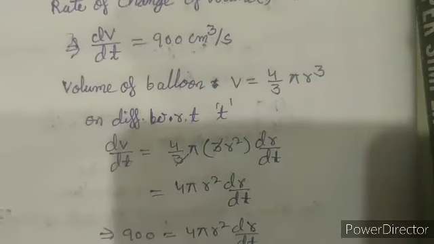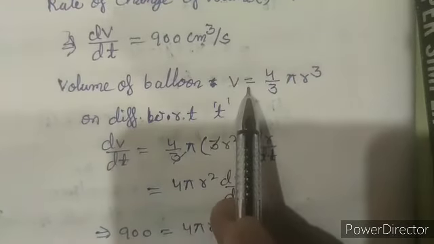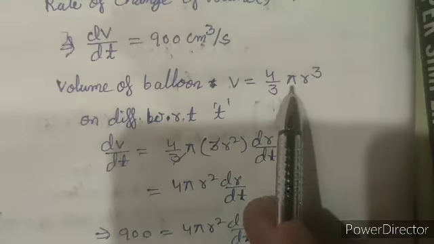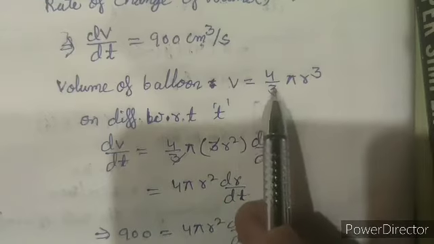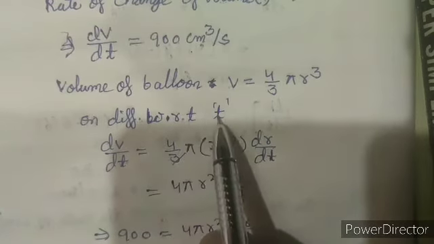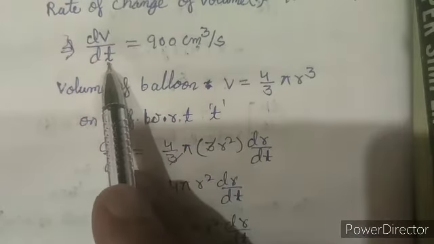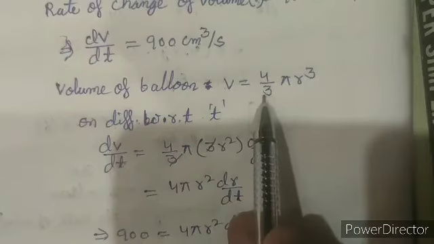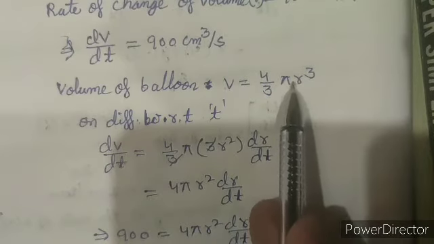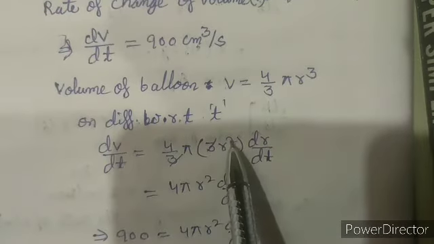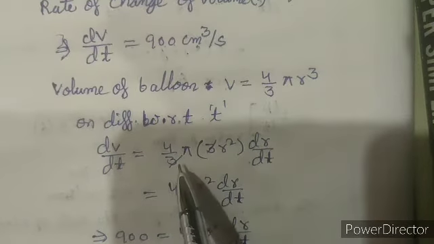Now the volume of the balloon is given by V equal to 4 upon 3 pi r cube, as the volume of a sphere is 4 upon 3 pi r cube. Now on differentiating both sides with respect to t, dV by dt will be equal to 4 upon 3 pi times d by dt of r cube, which will be equal to 3r square dr by dt.